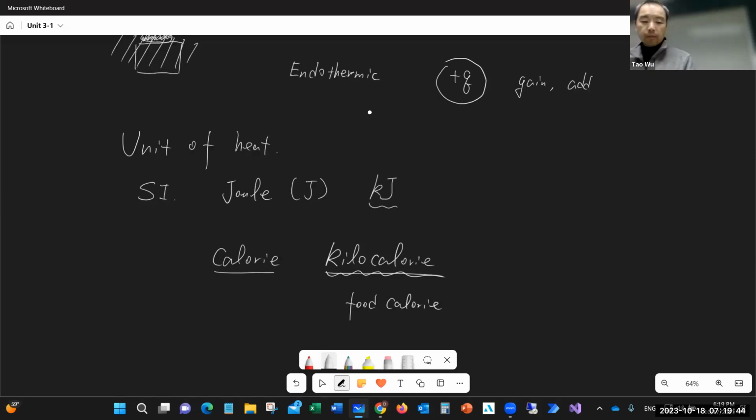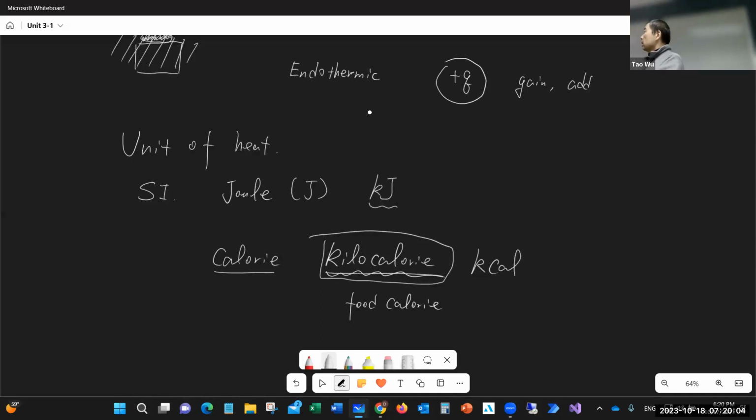It's a much bigger unit than this small calorie. The small calorie is just a calorie, but usually we're not using that. The common unit that people recognize is the kcal, or food calorie.